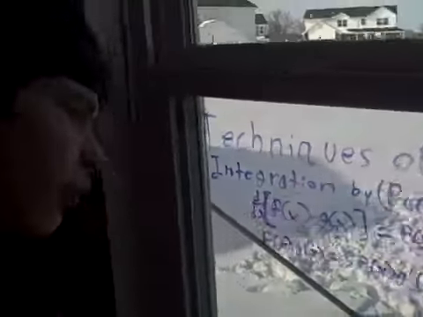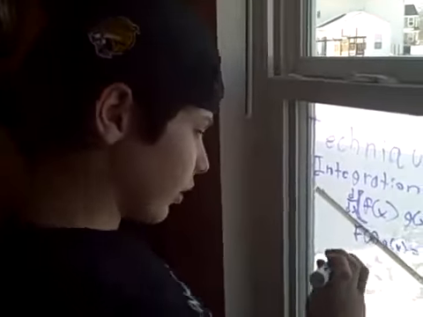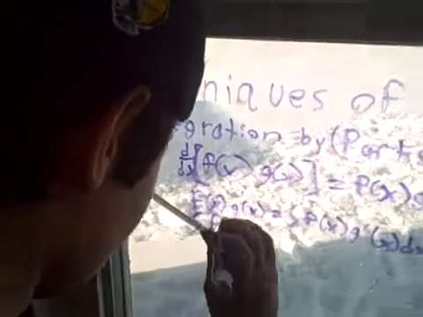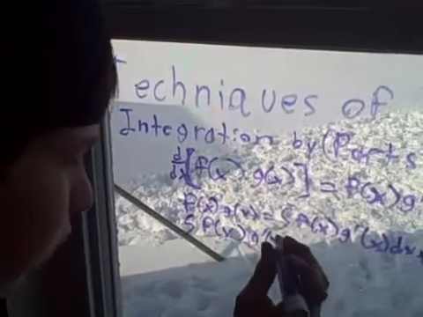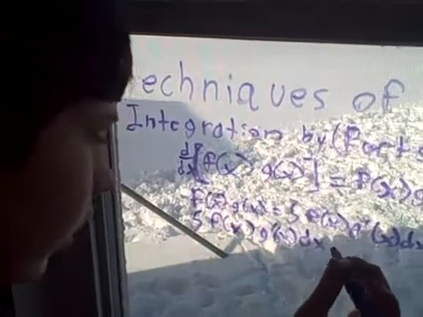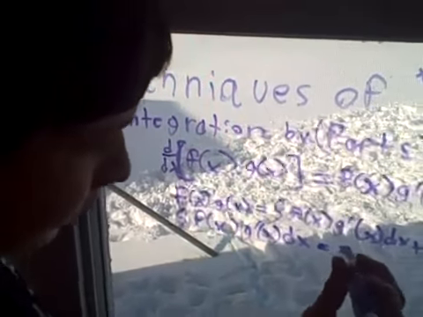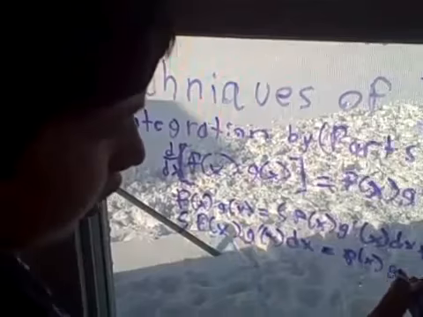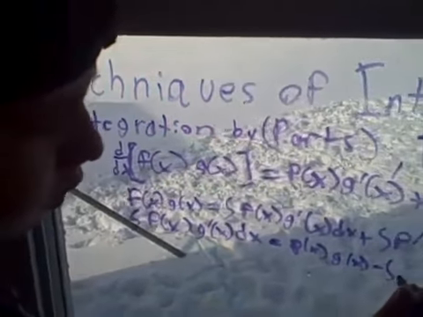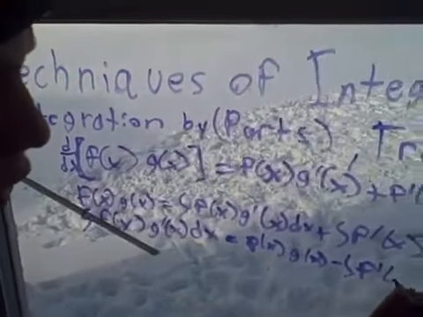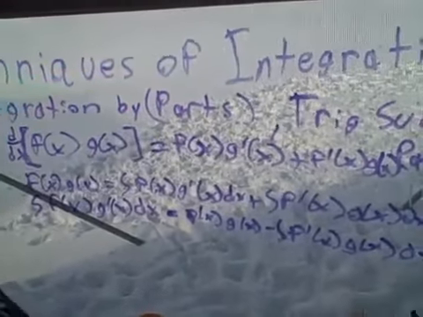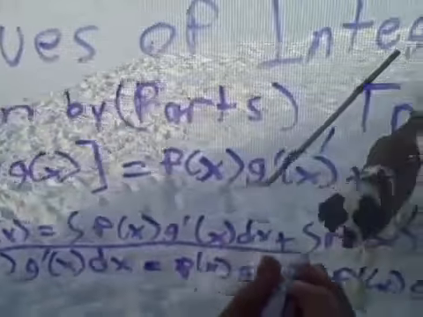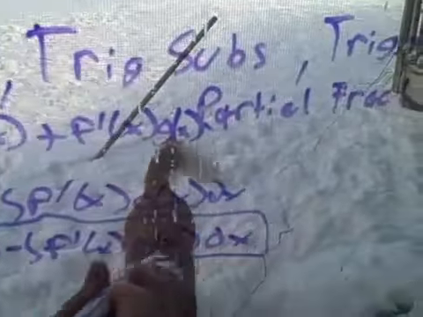I subtract this integral from the other side, so then I can get the integral of f of x times g prime of x dx equals f of x g of x minus integral of f prime of x g of x dx. So this is what we call integration by parts.